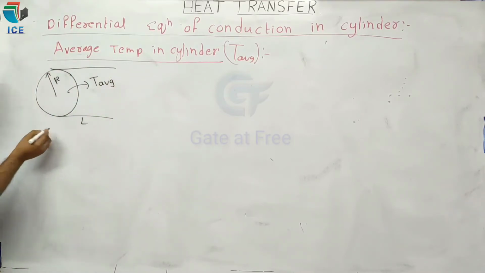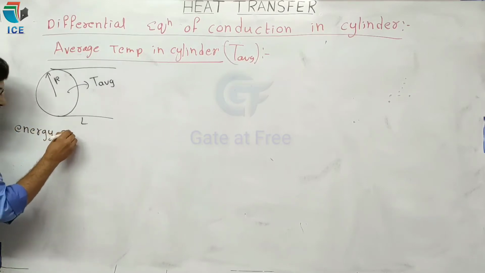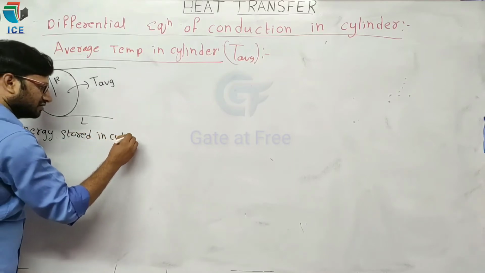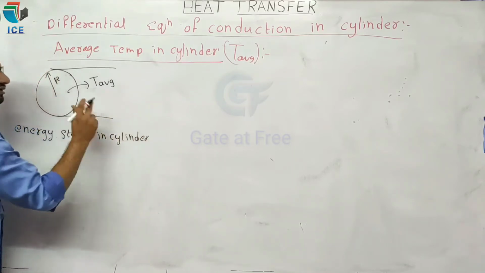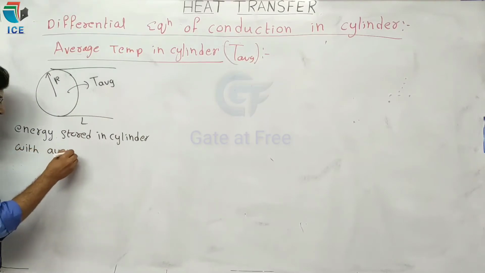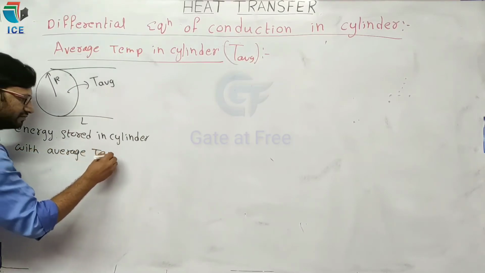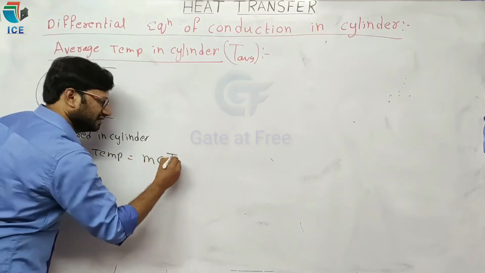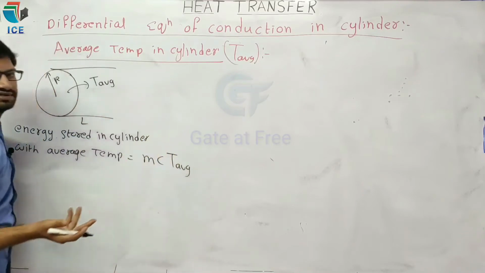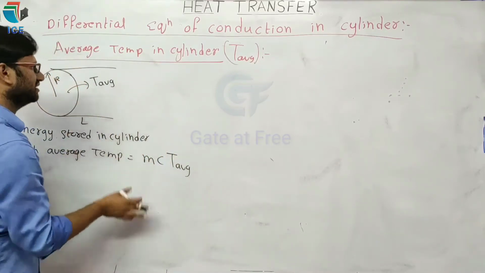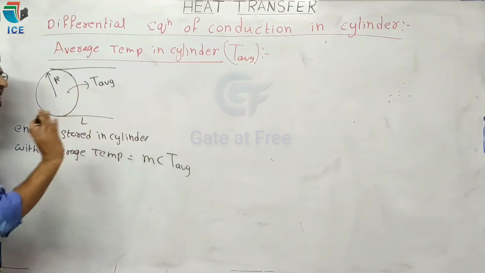Now heat energy stored in cylinder with average temperature is equal to m c T average. That's it. Stored is nothing but m c delta T. Here average temperature is given, so take T average.